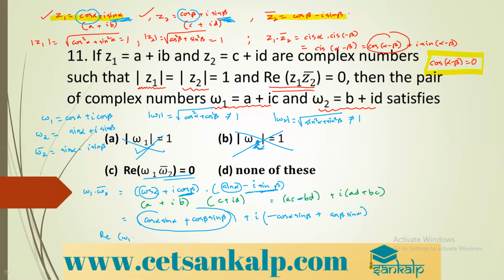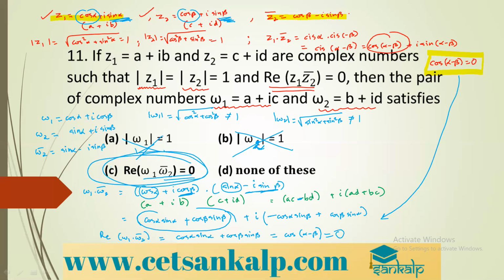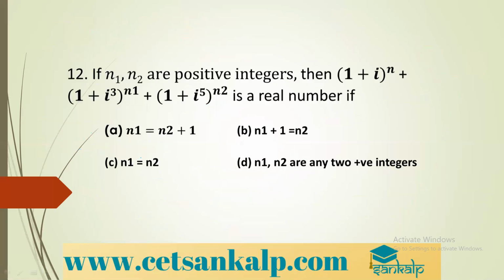Real part of W1 W2 bar is cos alpha sin alpha plus cos beta sin beta. This is nothing but the cos of alpha minus beta formula. And from here, I got this is equal to 0. That means my correct option is part C. So sometimes you have to see the options and then decide. Okay, we'll go to the next question.